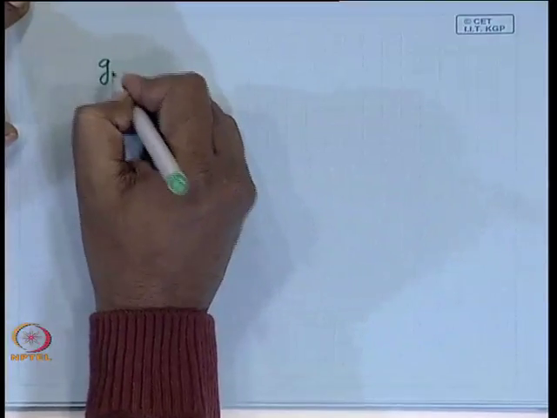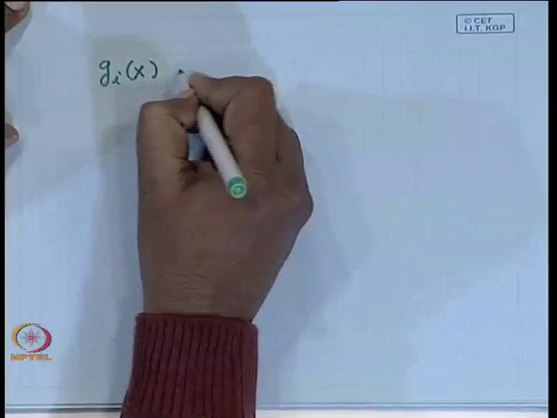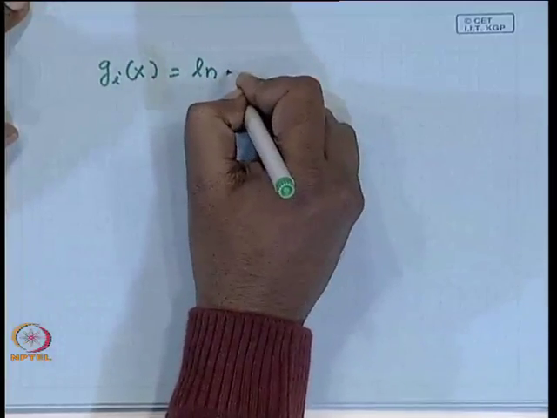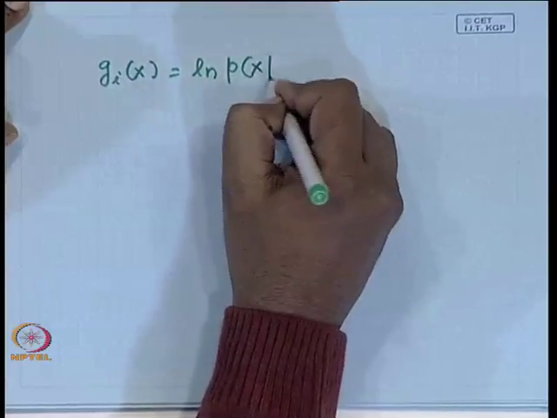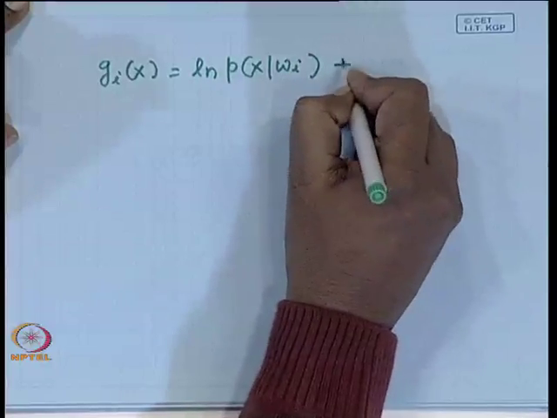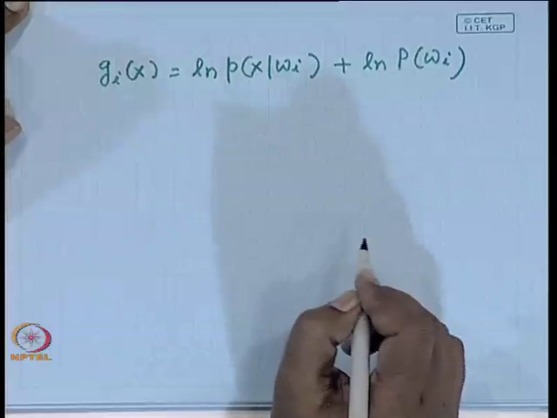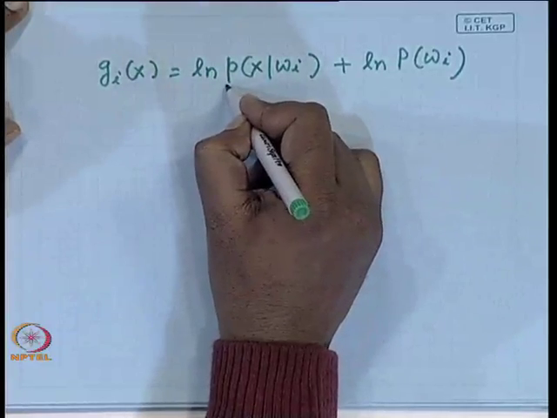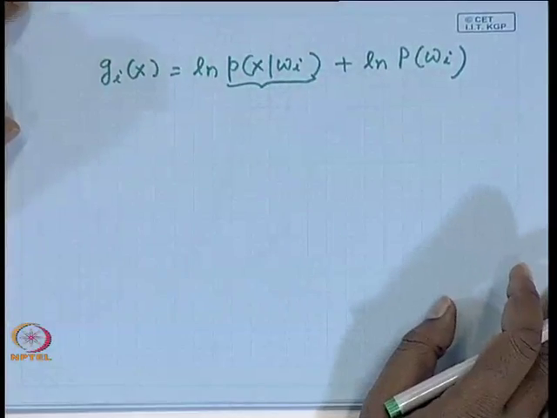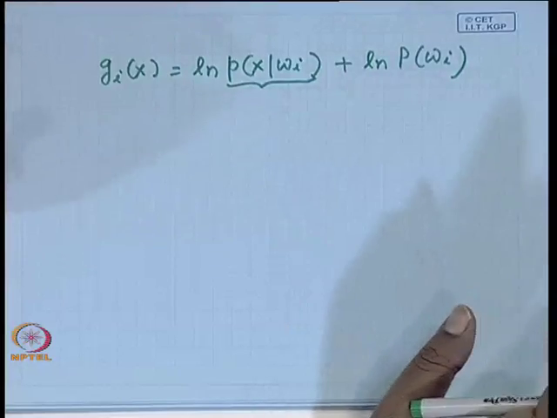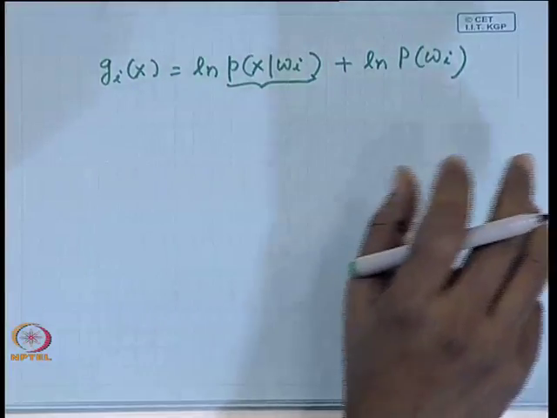So, as given, g_i(x) is nothing but ln p(x given omega_i) plus ln p(omega_i), where the expression of this p(x given omega_i) means we are taking the samples from class omega_i, finding out its probability density function.